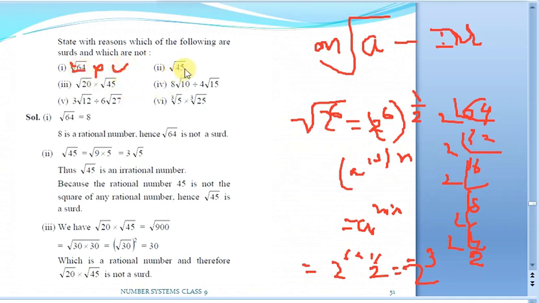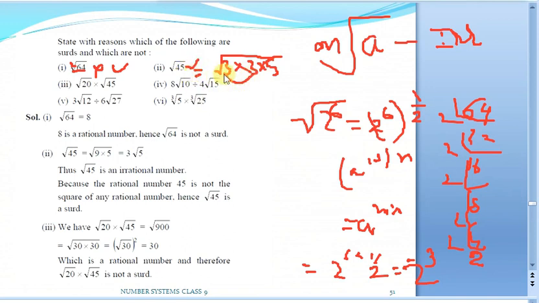Now let us check root 45. Again, I will advise you to prime factorize the number inside the nth root. What will you get? 45 is 3 into 3 is 9, 9 into 5. So 3 into 3 into 5. Since it is a square root, for every pair of factors we take one factor out.